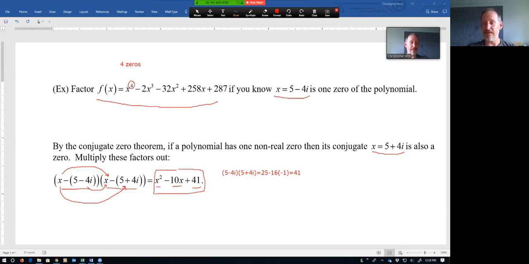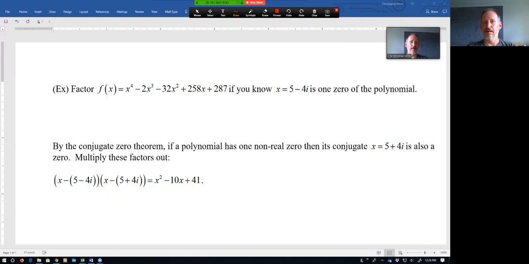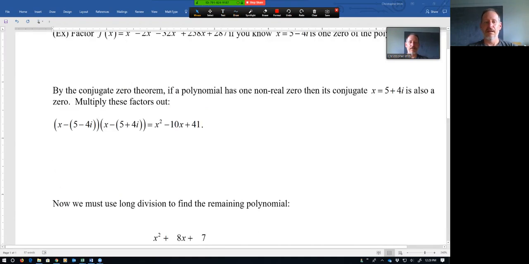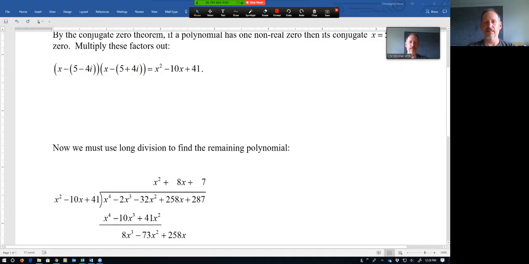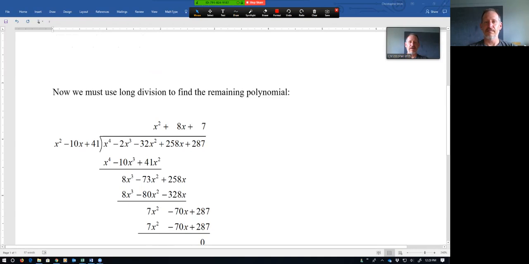Now to find the other 2 zeros, I'm going to divide this polynomial into the original one. And I'm going to have to use long division to do that because it's not a linear factor. So I take this polynomial here and divide it into my original. So I just do this term by term.